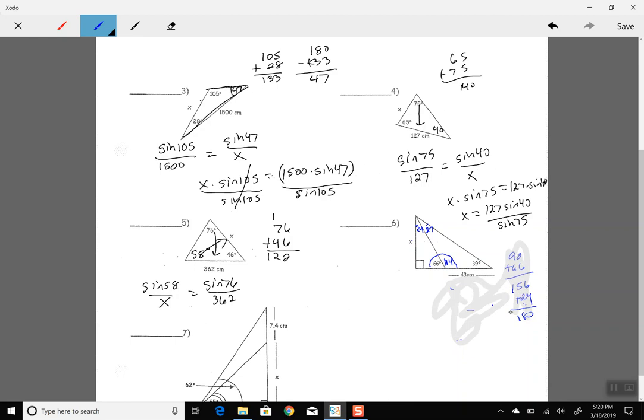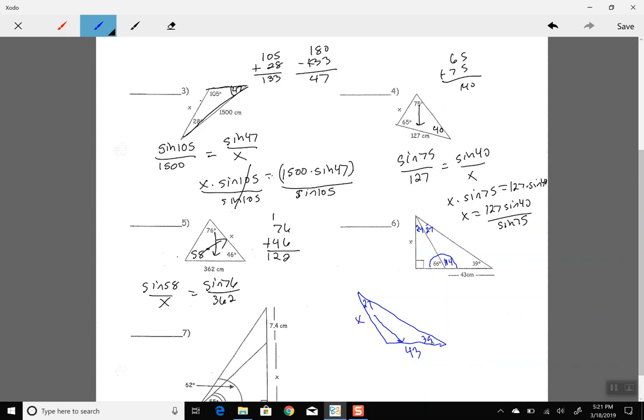Let's see what I can do. If I'm looking at the triangle that is not a 90-degree triangle, I know that this side is 43 and the 27 degrees would go with it. I said I wanted this side x, so that was a shared side, and that would be useful for me.